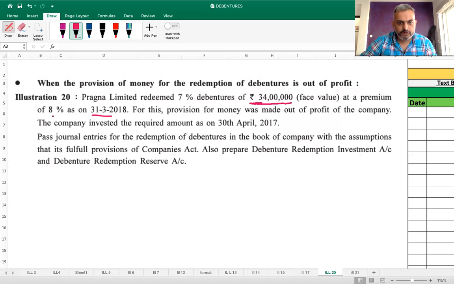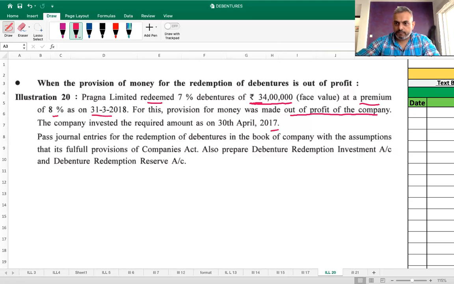They are to be redeemed at a premium of 8% as on 31/3/2018. For this, provision for money was made out of profit of the company. The company invested the required amount as on 30th April 2017. Pass journal entries for redemption of debenture in the books of the company with the assumption that it fulfills provisions of the Companies Act. Also prepare debenture redemption investment account and debenture redemption reserve account.